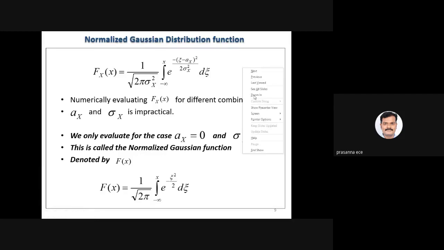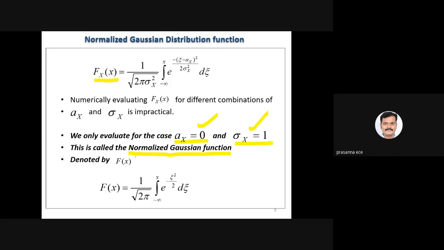This process is called normalization. Such a Gaussian function where these conditions are true is called a normalized Gaussian function.